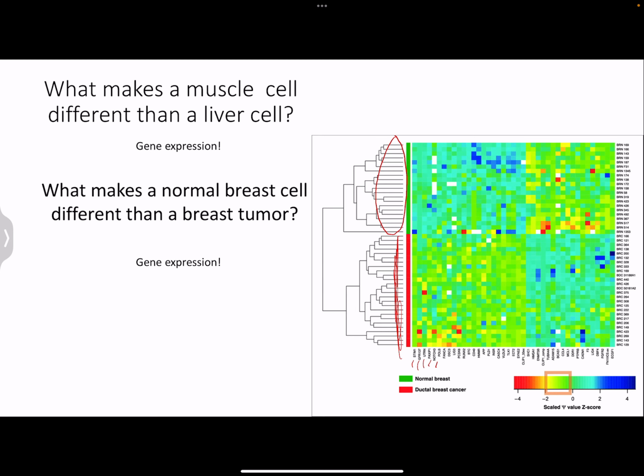If I'm looking at this particular sector of genes, it looks yellowish-green, so this would be lower expression here. And then this looks like higher expression. And what I'm seeing is that associated with all of these breast cancer cells, I have higher expression of all of these genes. And with all of these normal cells, I have lower expression of all of these genes.